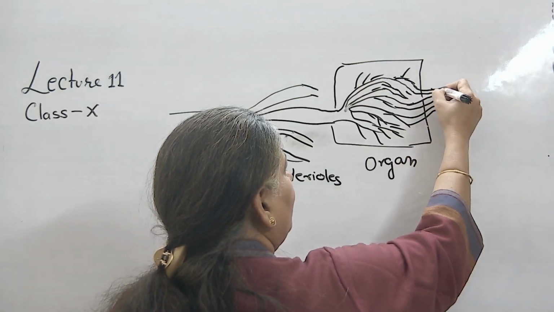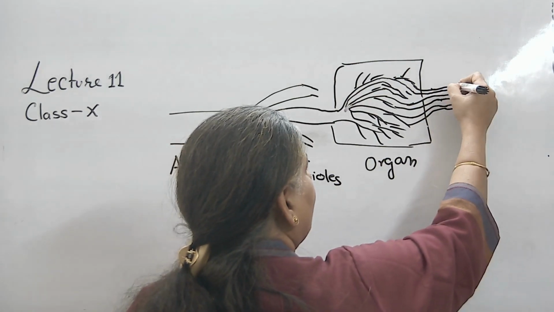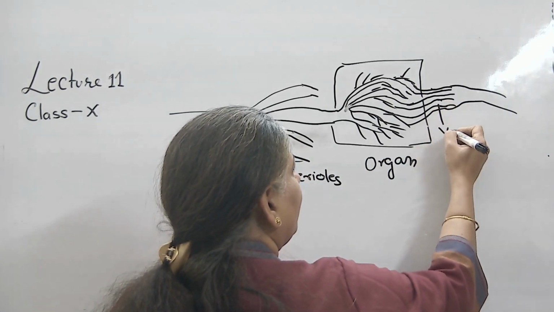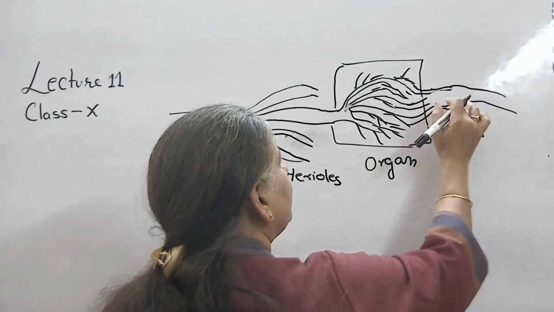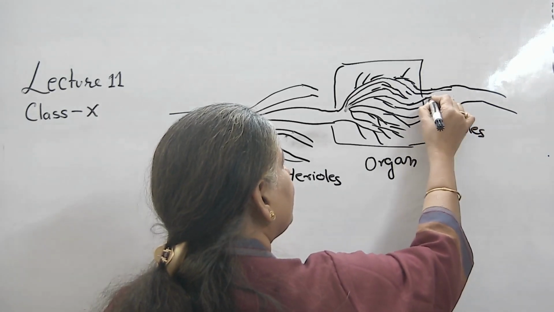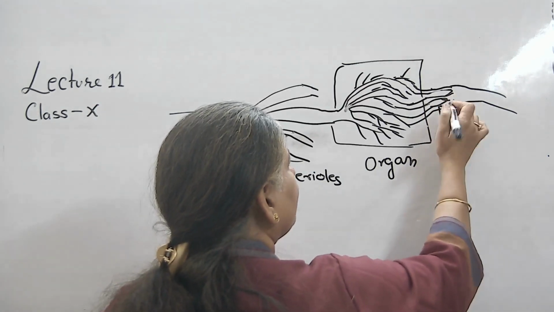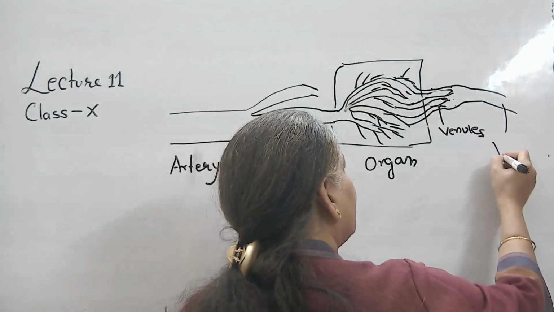And these venules finally join to form veins. These are venules. And these venules join to form veins.